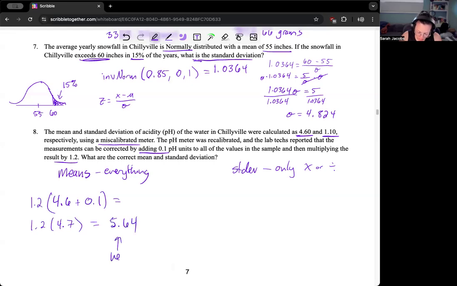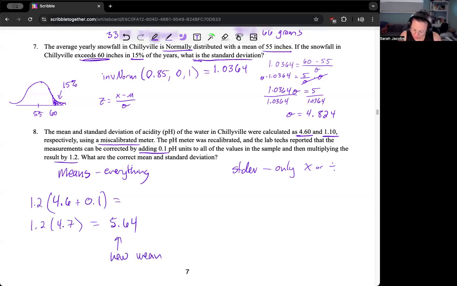Hm, wait, that gives 4.92. So that is the new mean. Chillyville has some problems. That's still a pretty acidic pH for water. Don't drink the water in Chillyville.